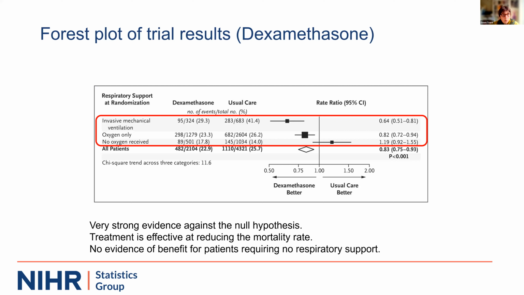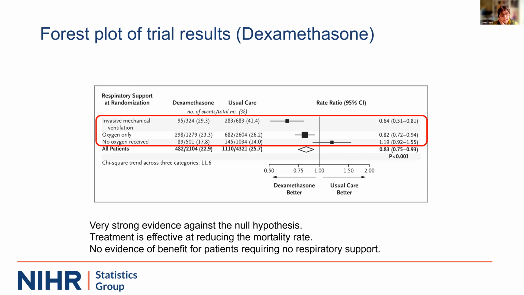But for the patients who didn't require oxygen, the point estimate is lying on the side of the line that suggests that usual care is better, but the confidence interval includes 1, which is our null rate ratio here. And so this was interpreted as there not being sufficient evidence of benefit for patients who didn't need any respiratory support to receive dexamethasone. And I think it's quite interesting to look at this.